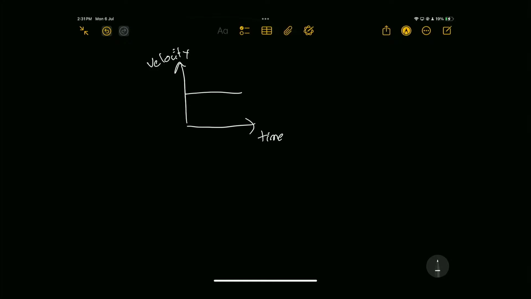It's not accelerating, because we know that the gradient of a velocity time graph is equal to the acceleration. Now in this case, this is a flat line, so the gradient is equal to 0. Therefore, the acceleration is equal to 0. So this graph shows a body that is not accelerating.